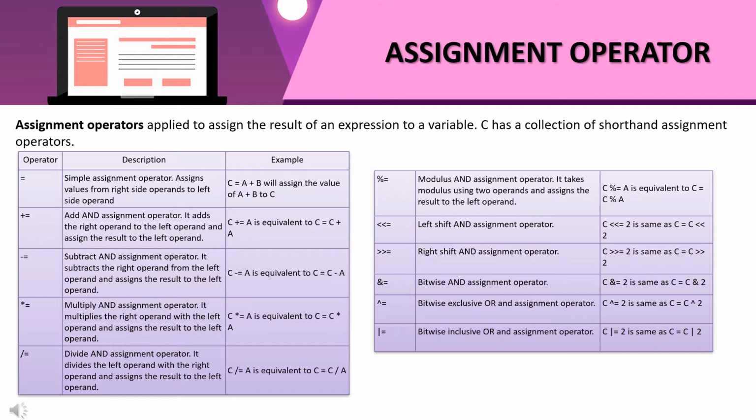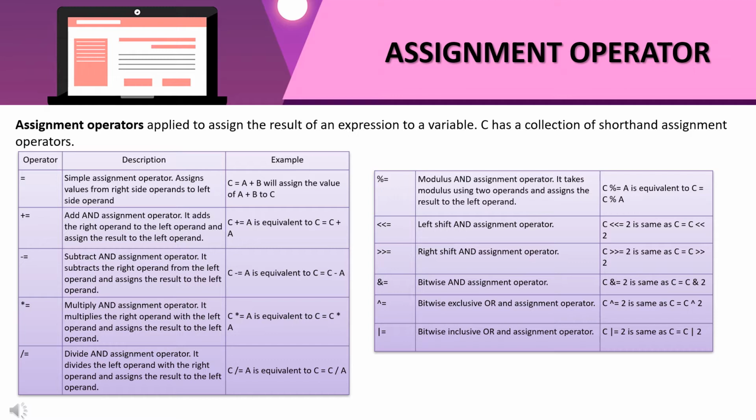C left shift equal to Z is the same as C equal to C left shift Z. Next comes the right shift and assignment operator. C right shift equal to Z is the same as C equal to C right shift Z.